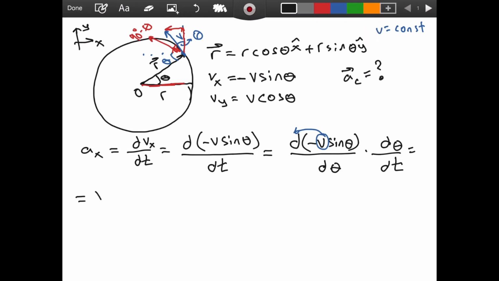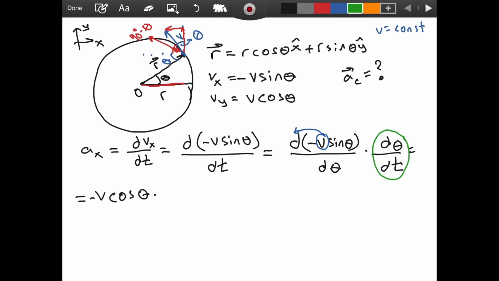We have v. The derivative of sine of theta with respect to theta is, what was it? I know that I derived this formula. It was cosine, right? It is cosine of theta. And we have a negative, so it is negative cosine of theta times, what is d theta dt?